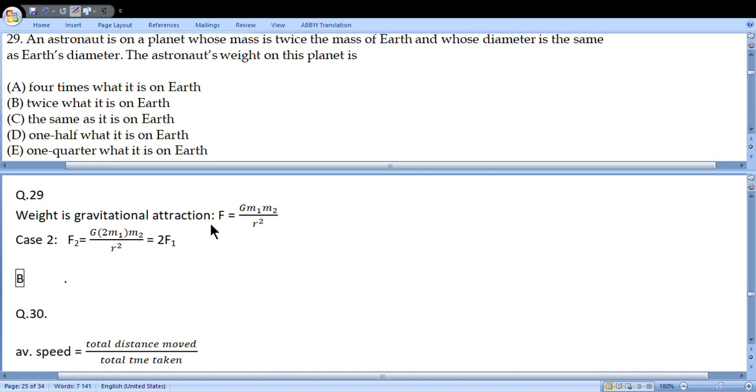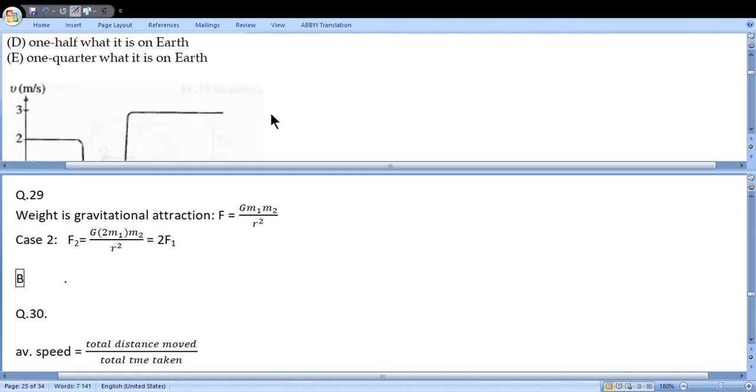So in case 2 we have all the same except mass of the planet is 2 times more. If we take 2 out of bracket, we get the same force multiplied by 2. So force will be 2 times greater. So twice what it is on Earth.